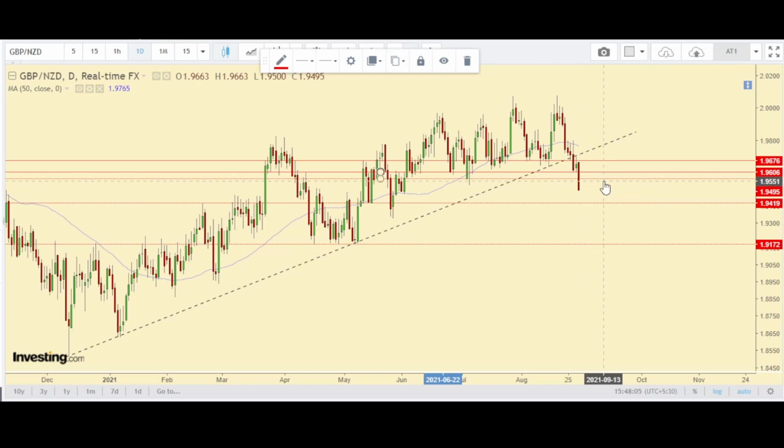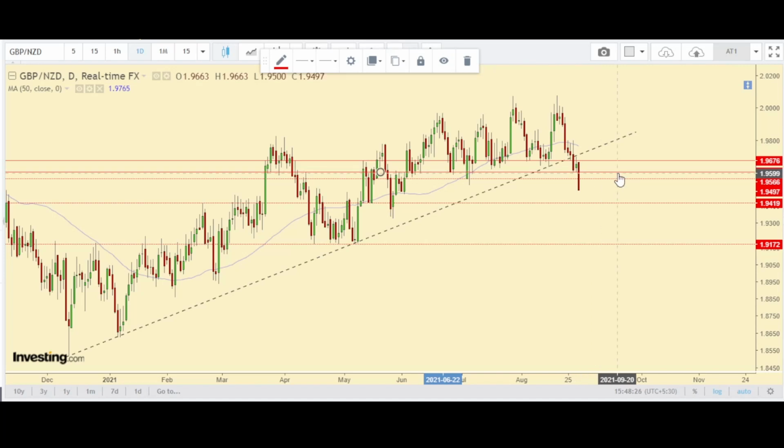So what will be our strategy in this case? We will wait for our entry, wait for good entry to short this trade or short this pair. We will initiate our shorts on slight pullback of this pair. It will be around 1.9550 and 1.9600.